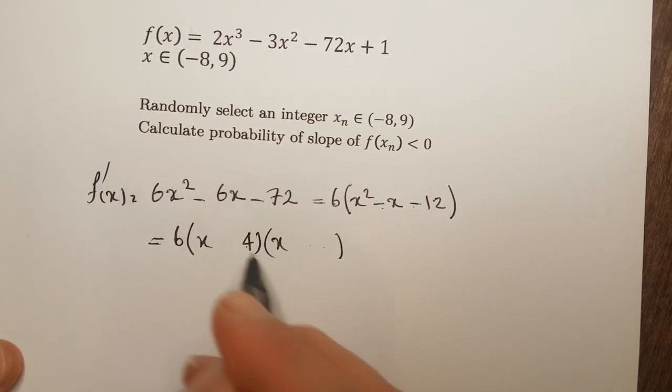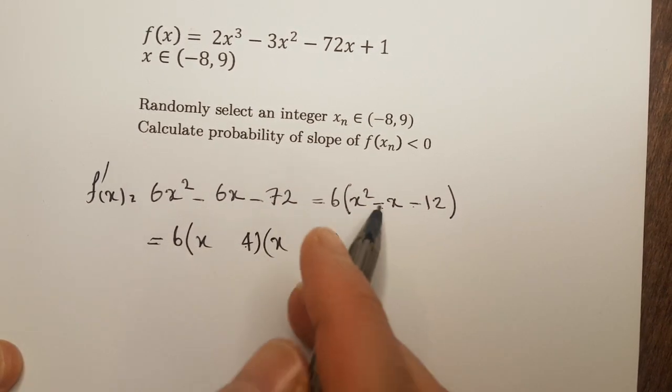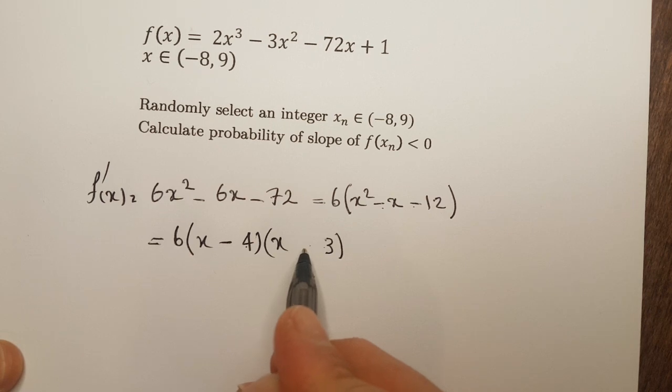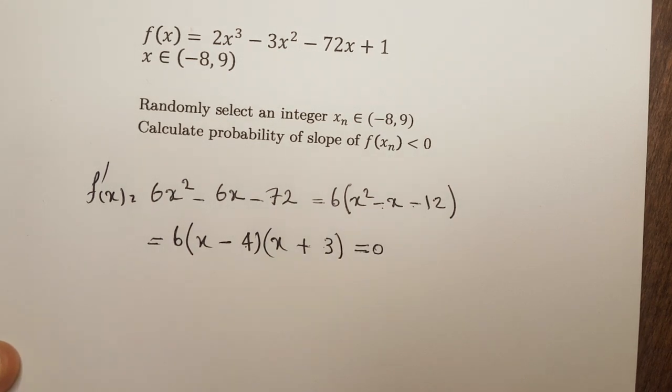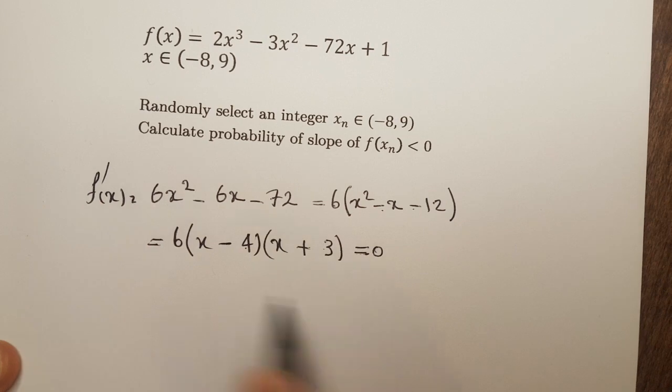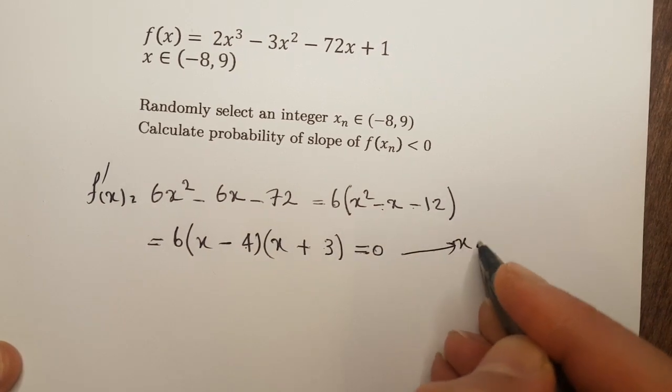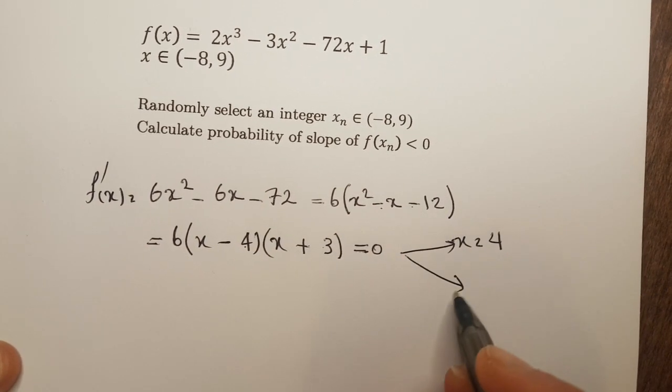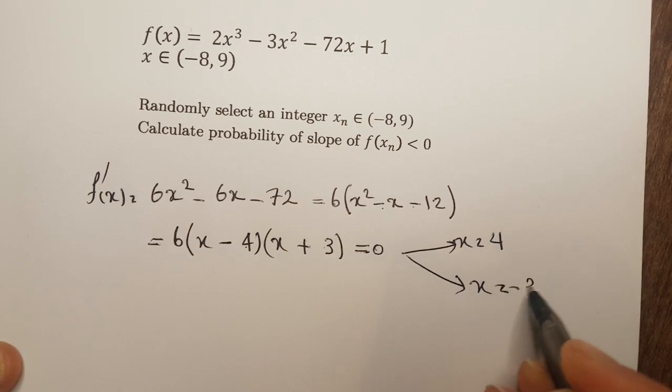So we will have 4 and 3, and since it's a negative sum, we'll have -4 and +3. If we put this equal to 0, we will be able to find the extremum points of f prime of x. So x will be either 4 or x equal to -3.